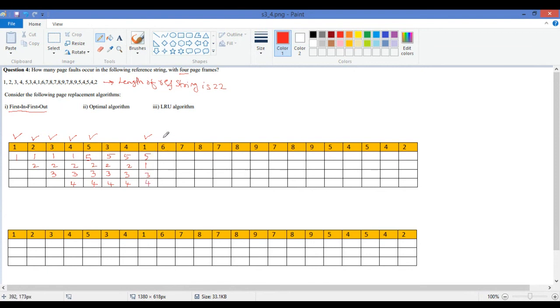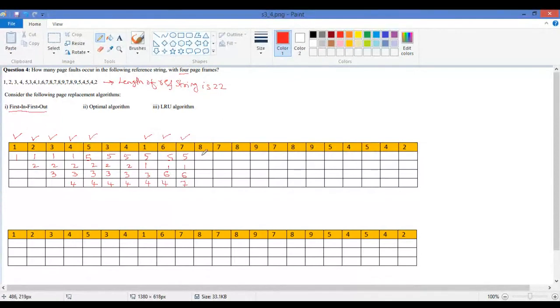Then 6, there is again a page fault, but this time 3 is the candidate for replacement, and the remaining you just copy. And 7 is also a page fault. Then the candidate for replacement is 4, so 7 will be there, and I just copy here 6, 1, and 5.